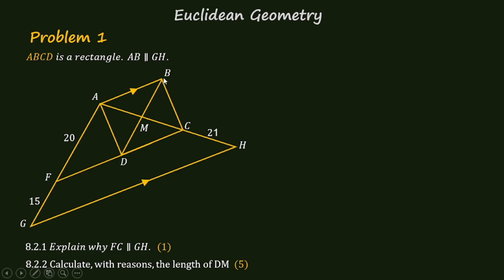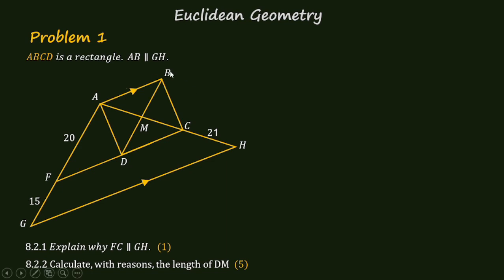Those in passing are some of the properties of the rectangle. Now, with these properties given to us, they want us to explain why FC is parallel to GH. We know that the opposite sides of a rectangle are equal and parallel.